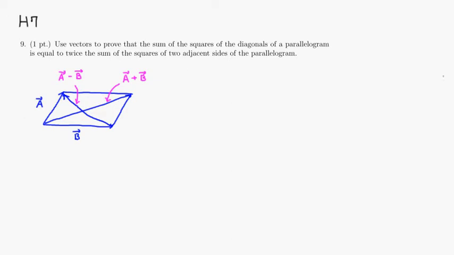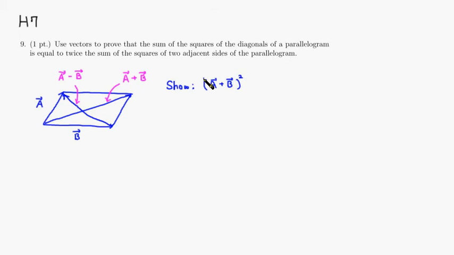So what we need to show is this. We need to prove that the sum of the squares of the diagonals. The first diagonal is vector A plus vector B, and we just need to square that.